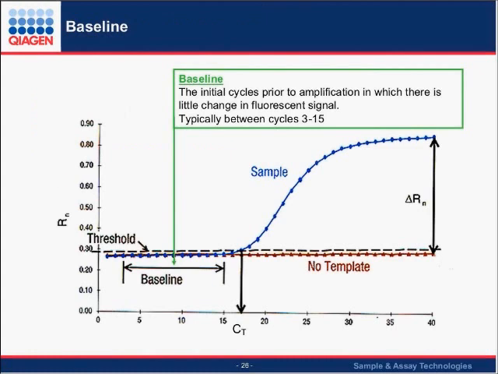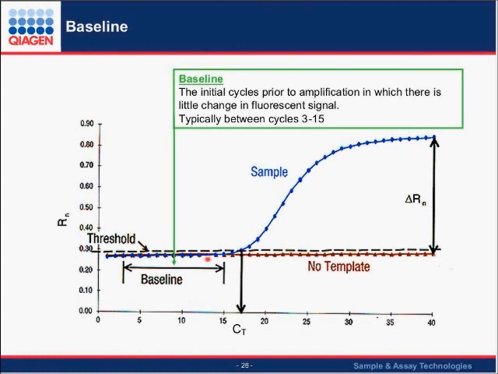A baseline, as I said, we accumulate fluorescence in sort of a baseline fashion, and these are the initial cycles in which there's little change in fluorescent signal. So usually cycles 3 to 15, in this thermal cycling, we get no accumulation of fluorescence, and at some point we begin to accumulate fluorescence here.